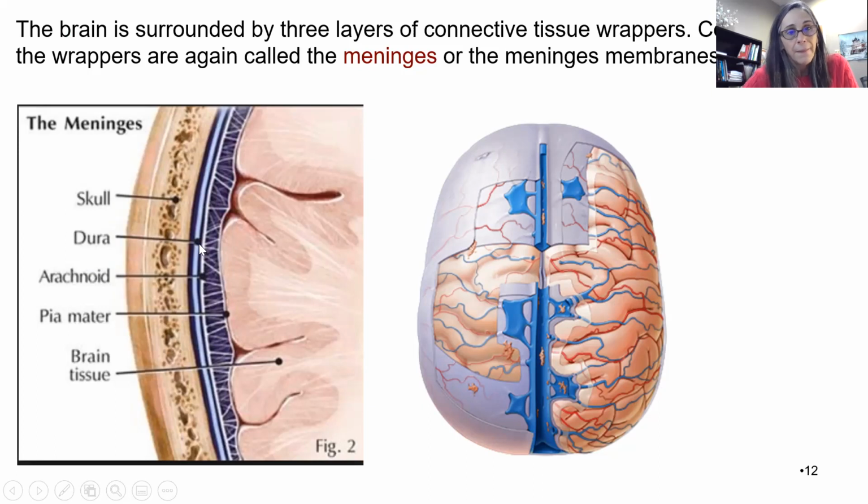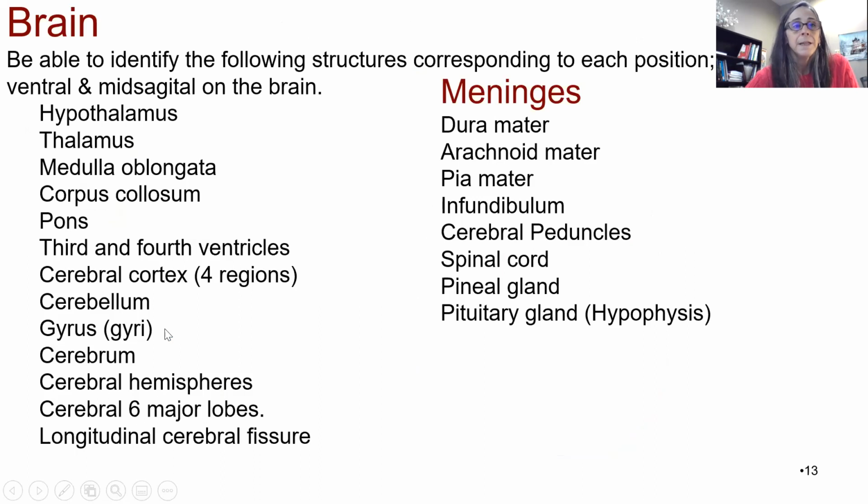The last one is the dura mater, which surrounds all of the brain and all of the spinal cord. It is the layer that sits right up against the inside of the skull or the bone. So that is your brain, and the parts of the brain that you need to know.